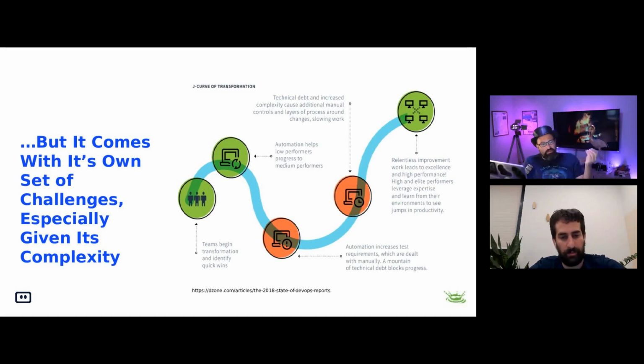But then we get better with that, and eventually our productivity and the quality of our software surpass what we could ever imagine doing manually. So yes, the challenges are there because of the complexity and because we do things differently now.